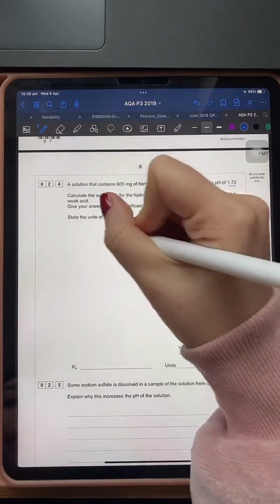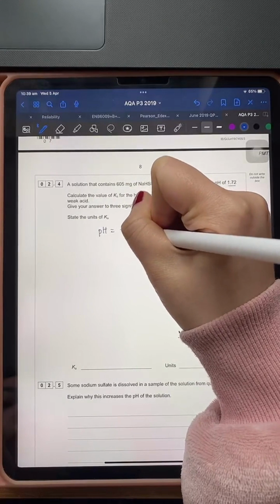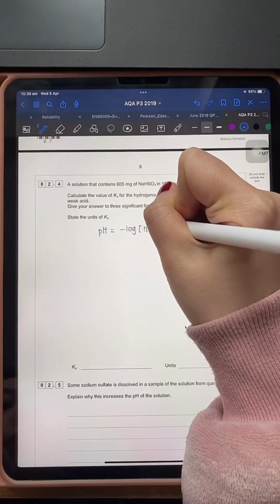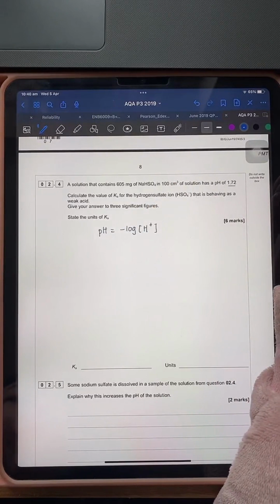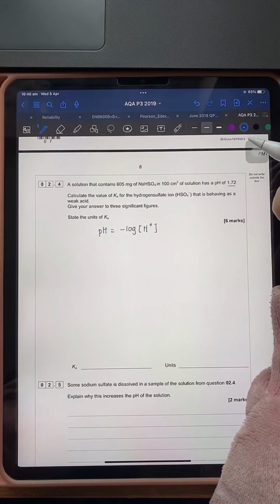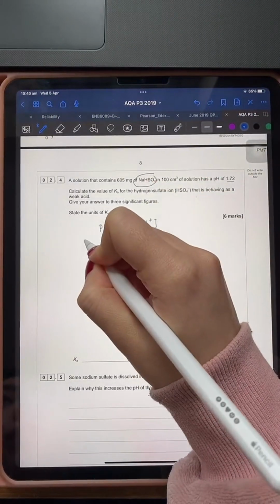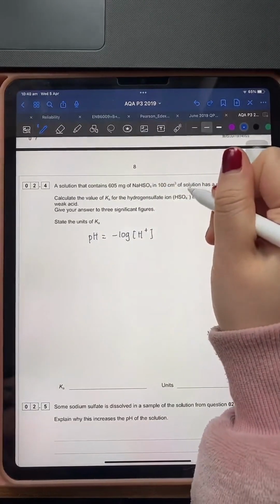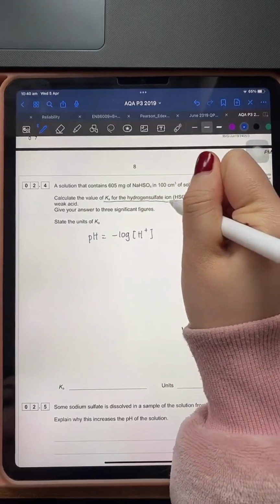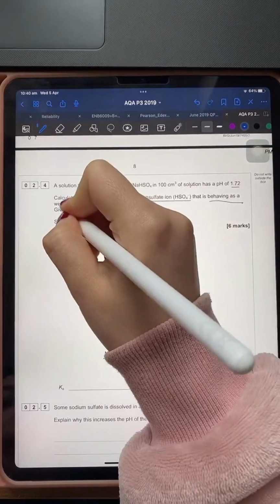So first things first, we know that pH is equal to minus log H plus. So that's the first equation that we know. And then we know that we're looking for the Ka, so we can find the splitting of the hydrogen sulfate ions, because this is what it says: calculate the Ka for the hydrogen sulfate ion that is behaving as a weak acid.